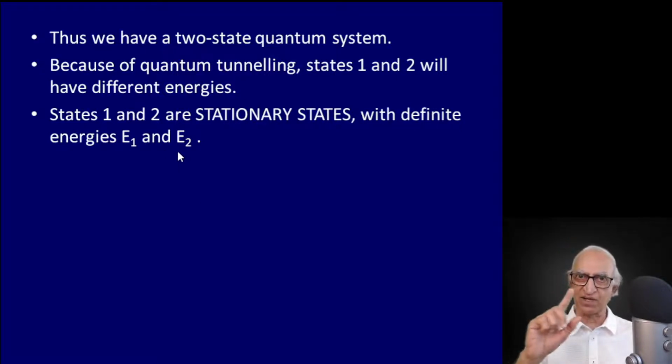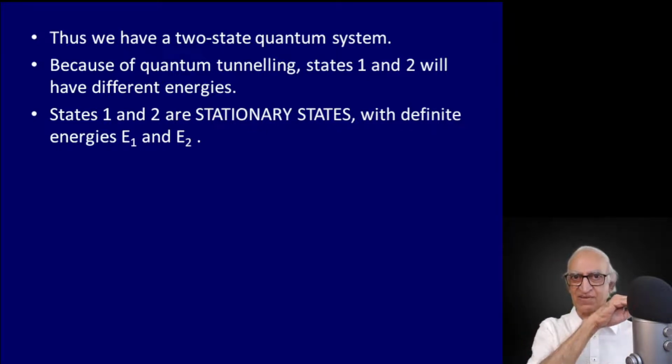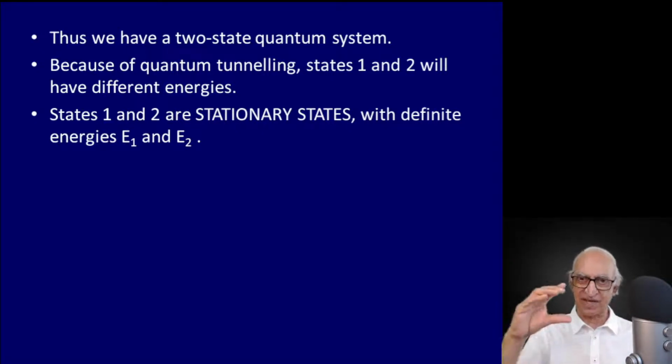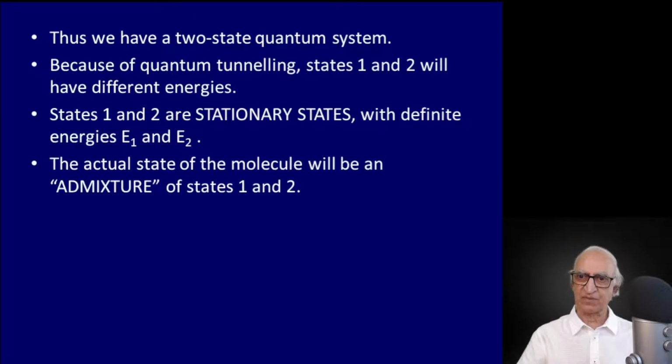They are no longer equal because quantum mechanical tunneling has split it. Just as before energy level E became E plus mu B and E minus mu B, similarly you will have the energy level E1 will be E plus some A and E minus some A, where A is to be derived from quantum mechanical tunneling.